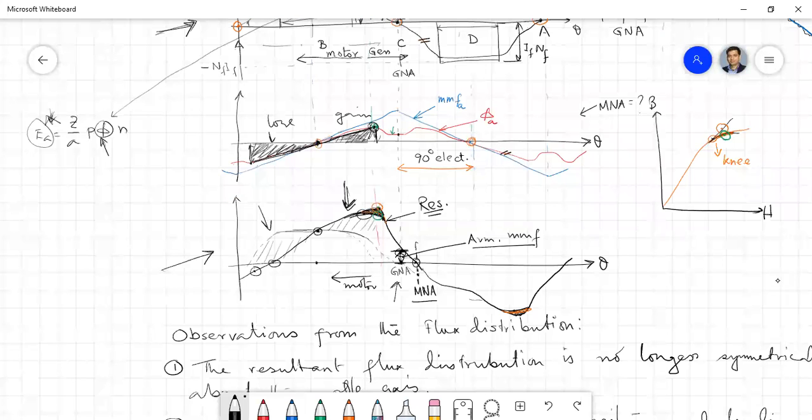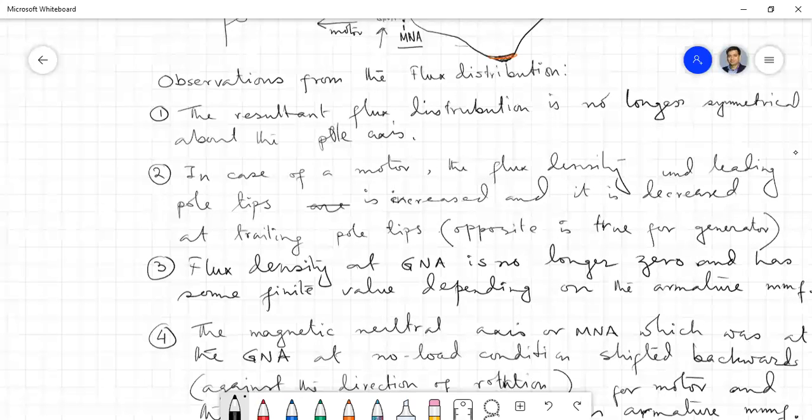But the thing is not that. The thing is different due to this BH curve.